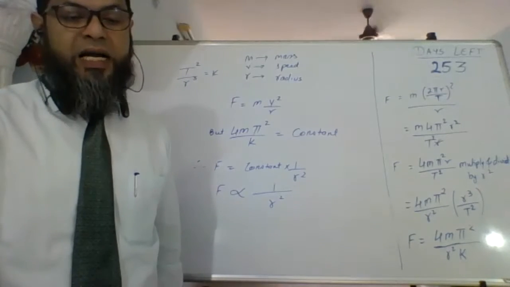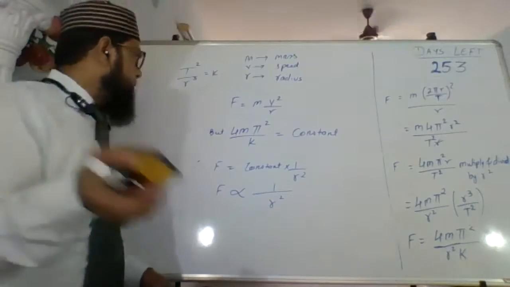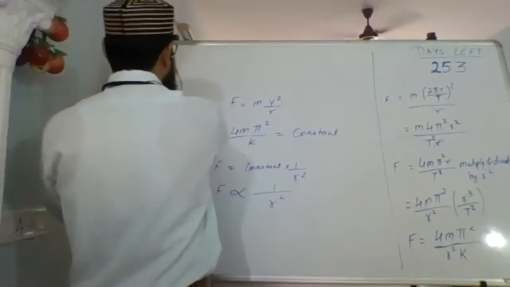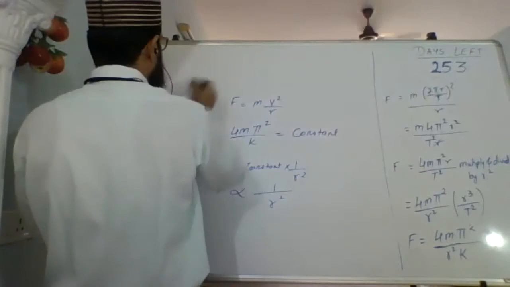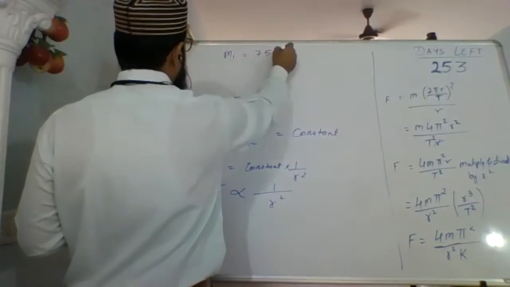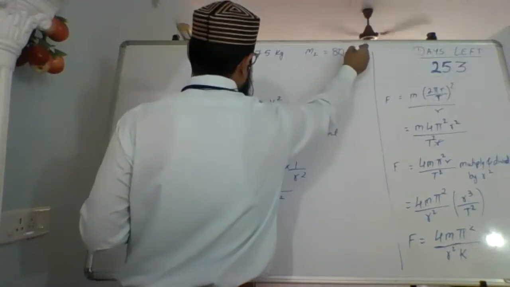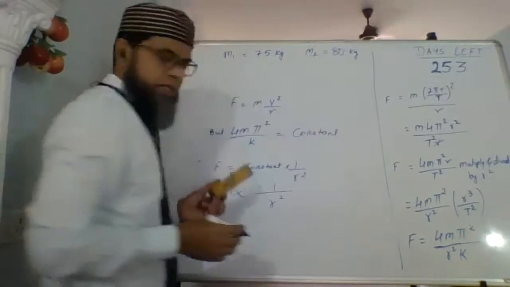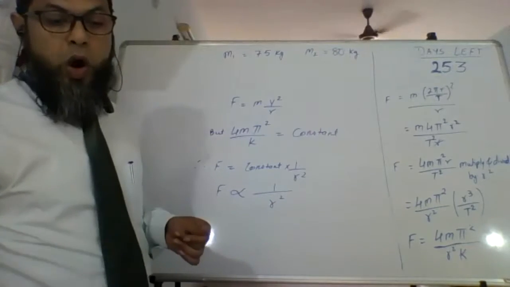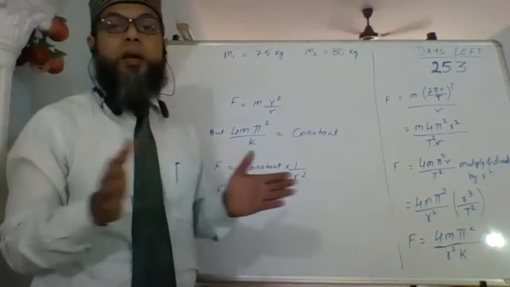Their masses are 75 kg and 80 kg respectively. That means Mahendra is 75 kg and Virat is 80 kg.